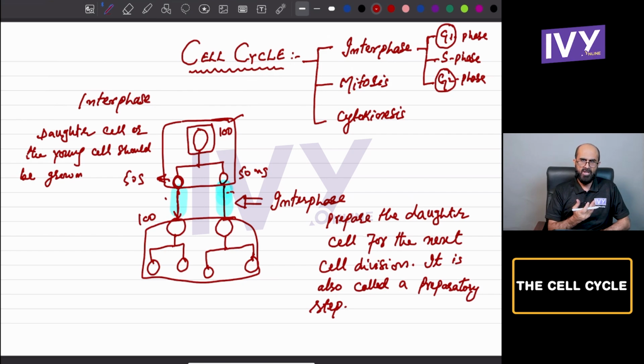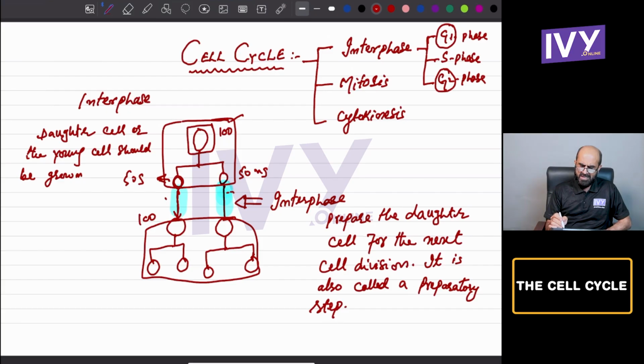The membrane is made up of protein. The protein channels are there in the membrane. We have the electron transport chain in the mitochondria, the cristae, the inner membrane. And all these are made up of protein. And for that protein, we need the process of transcription and translation, obviously. So anyway, there are three important steps in the interphase: G1, S phase, and G2.